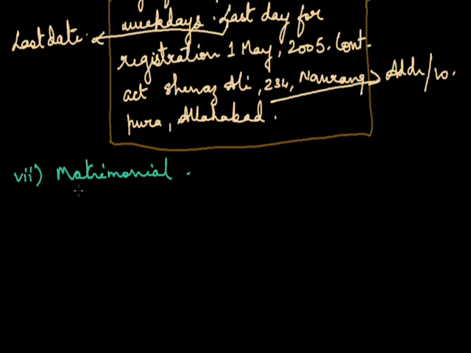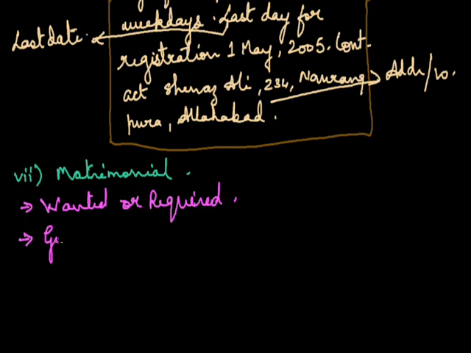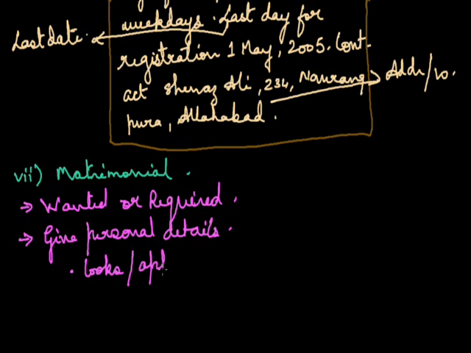matrimonial. For matrimonial, the first point is, if you're writing an advertisement, it should preferably begin with the word wanted, or begin with the word required. Then you need to give your personal detail, such as your looks and your appearance.